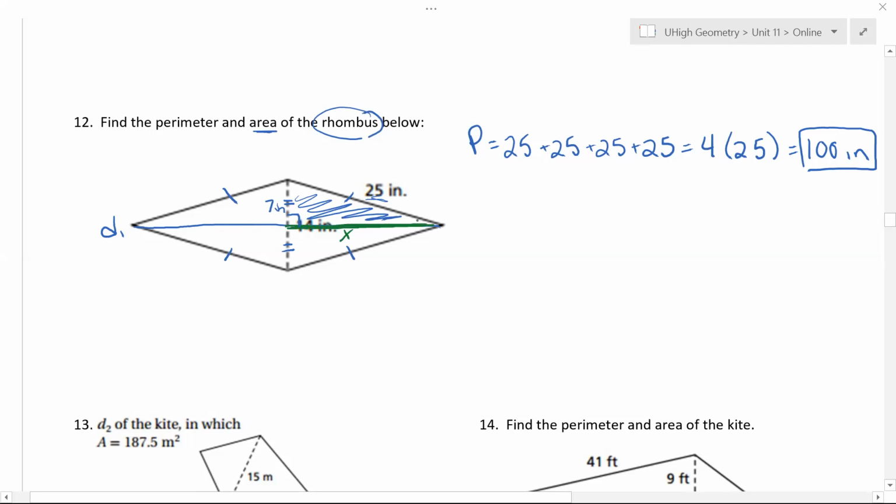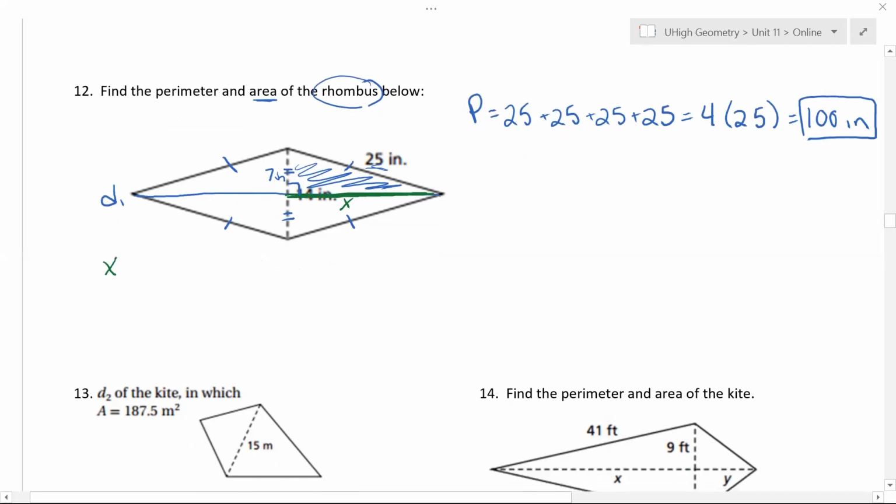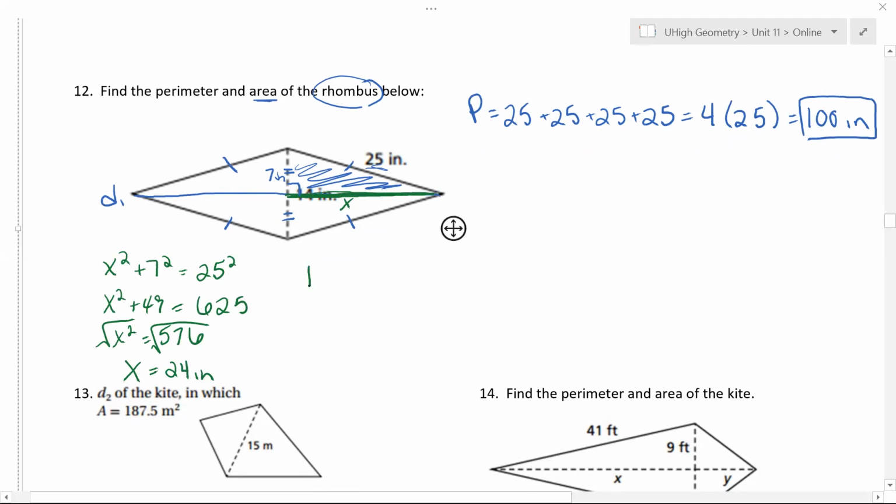Well, to do that, I can use my Pythagorean theorem, and I can say that x squared plus 7 squared equals 25 squared, or x squared plus 49 equals 625, x squared equals 576, and then I can take the square root of both sides and get that x equals 24 inches. So if x is 24 inches, and that's half of my diagonal, then I know that my full diagonal is going to be 48 inches.